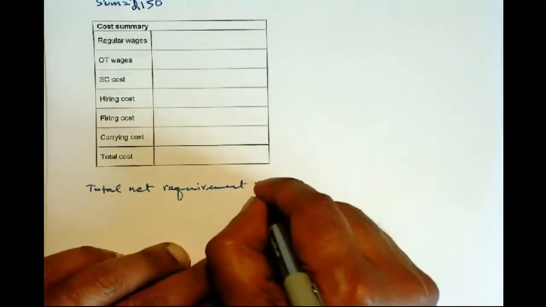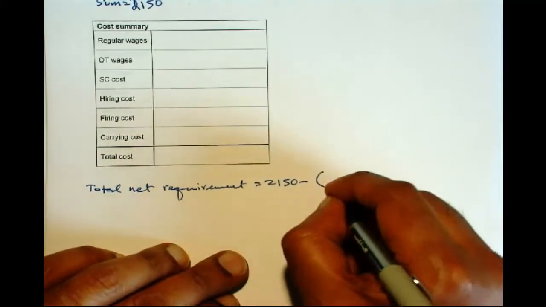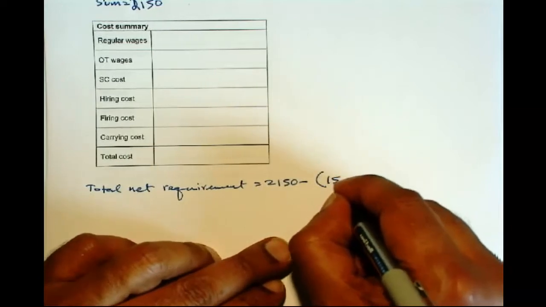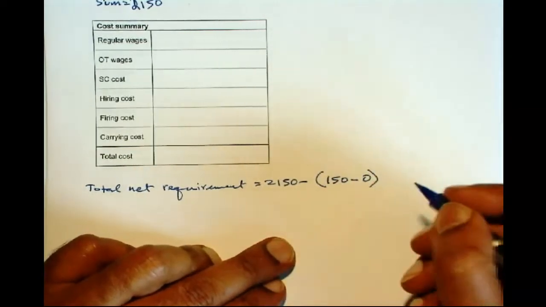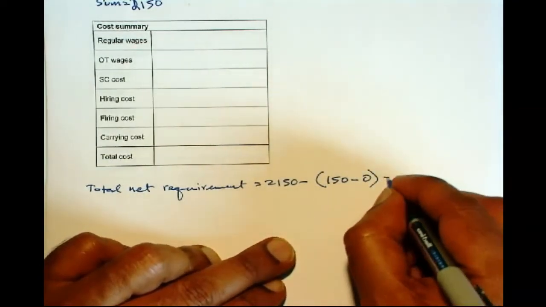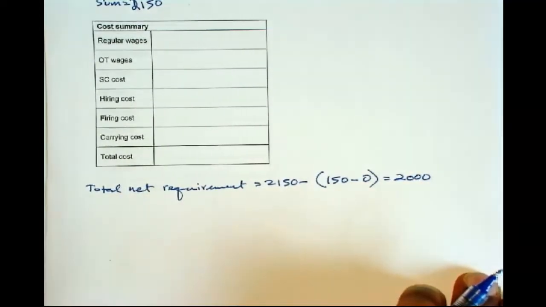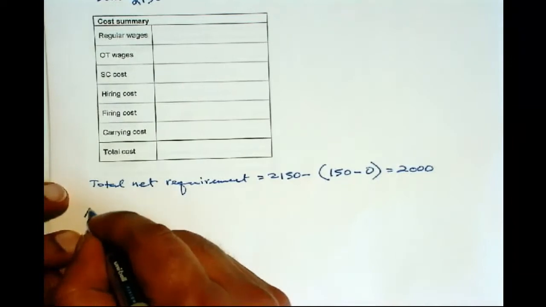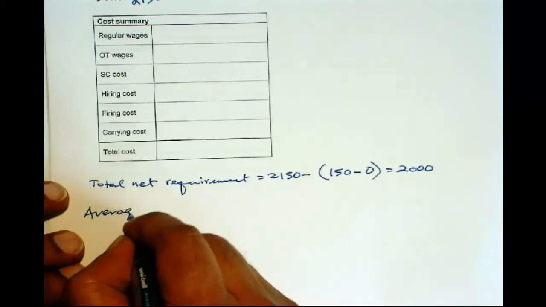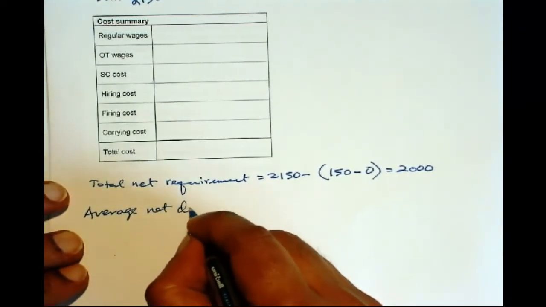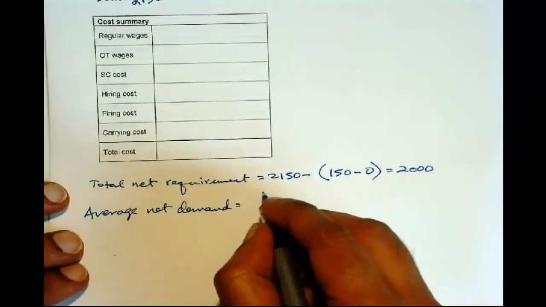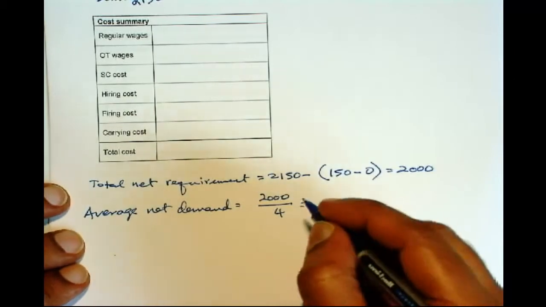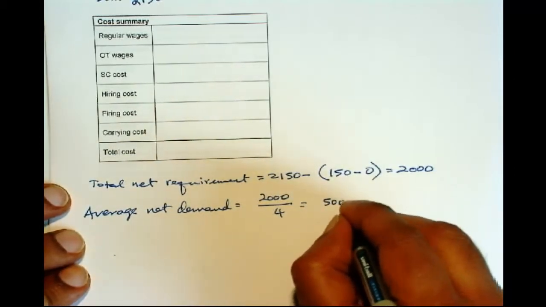So that is 2150 minus current inventory of 150, the initial inventory, so minus 0, so it gives you 2000. So average net demand then is 2000 divided by 4 months, so it gives us 500 per month.